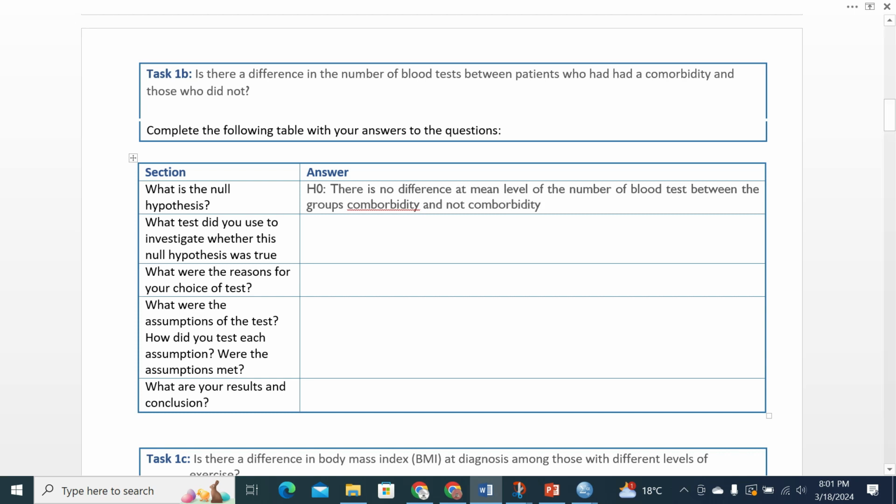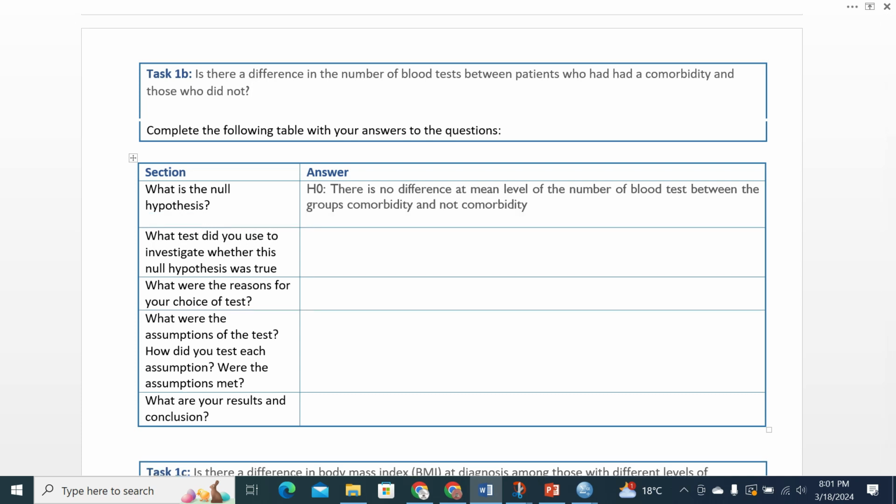The purpose is that we have two groups, the patients having comorbidity and the patients without comorbidity. So this is the null hypothesis.